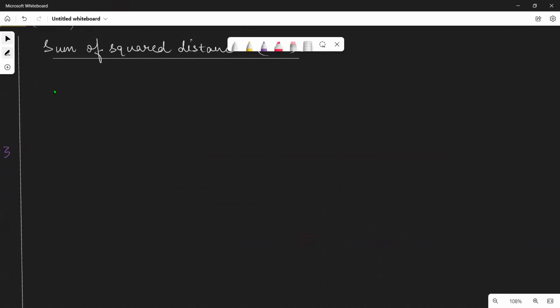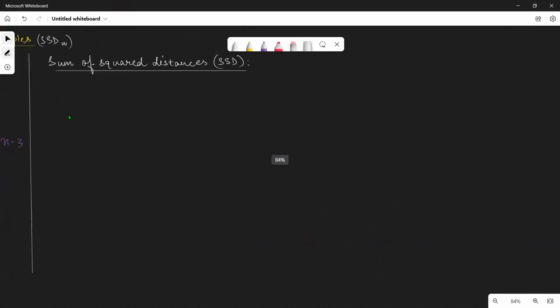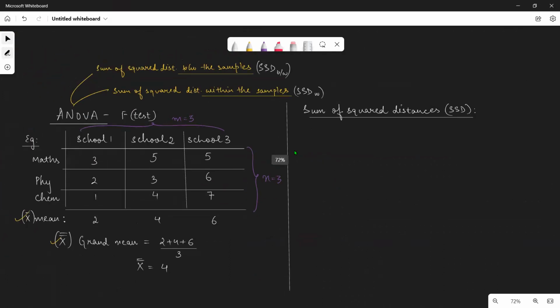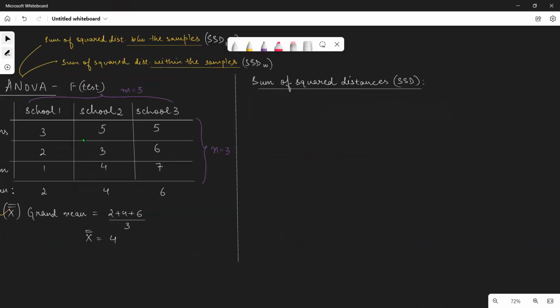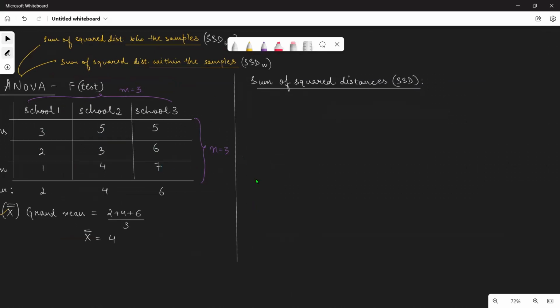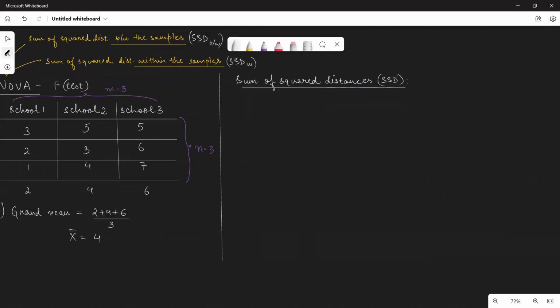How do we calculate that? Very simple. You have these individual values: 3, 2, 1, 5, 3, 4, 5, 6, 7. What you do is you subtract them.